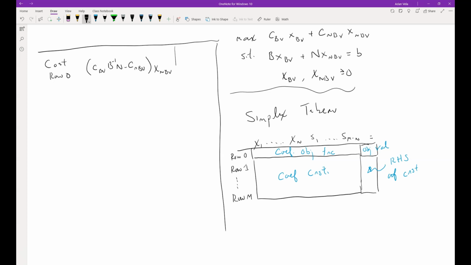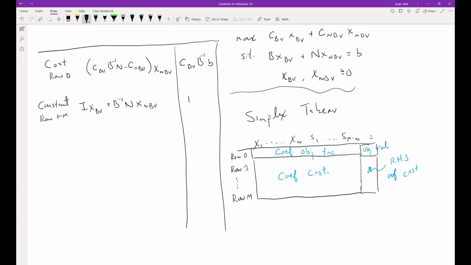All right. So the objective value then is given by CBV times B inverse B. The constraint section, so this is row 1 to M, is given by I, the identity matrix, times XBV plus B inverse N times XN BV.